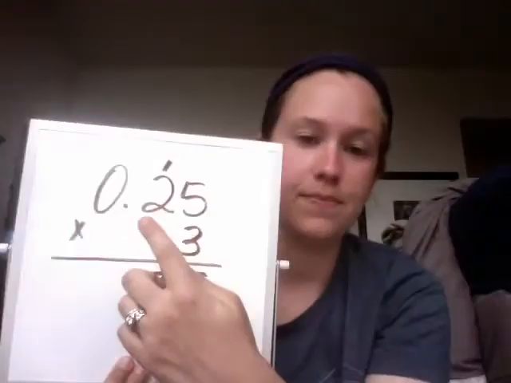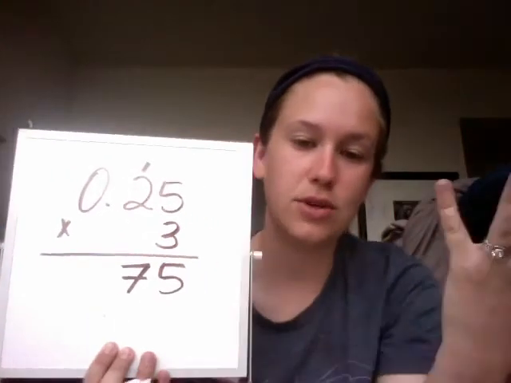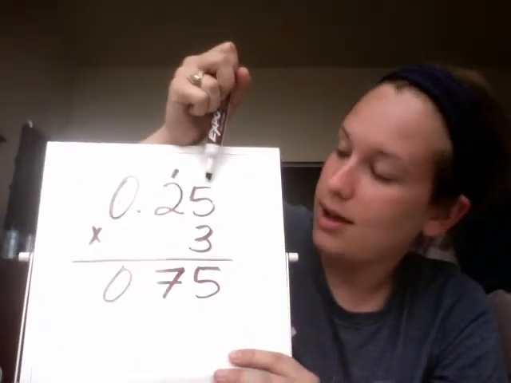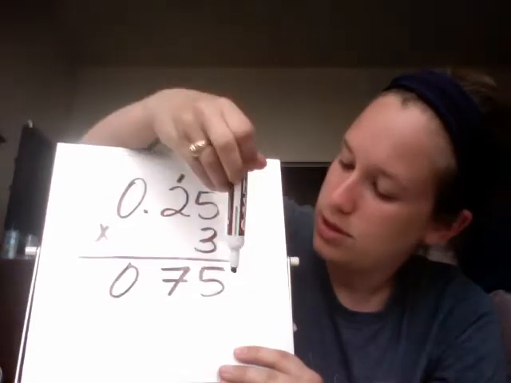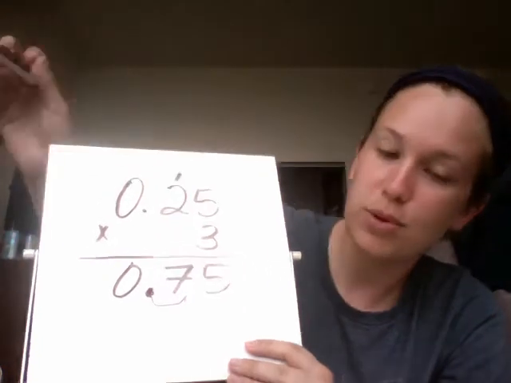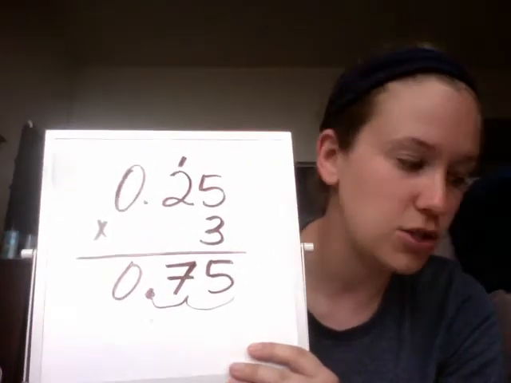And then I have 0 ones times 3, which is 0. And I need to count how many numbers are behind my decimal point, 1, 2. So I'm going to count 1, 2 over to know where to put my decimal point. So my answer is 0.75.